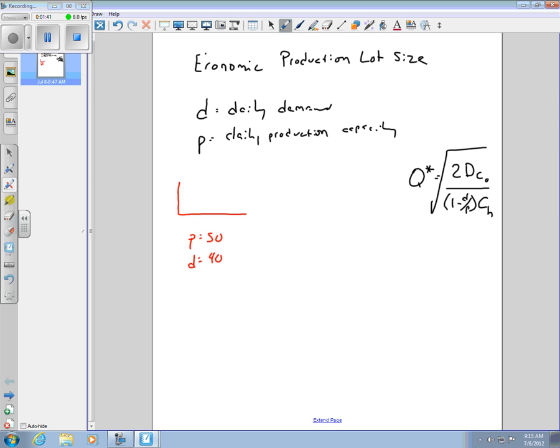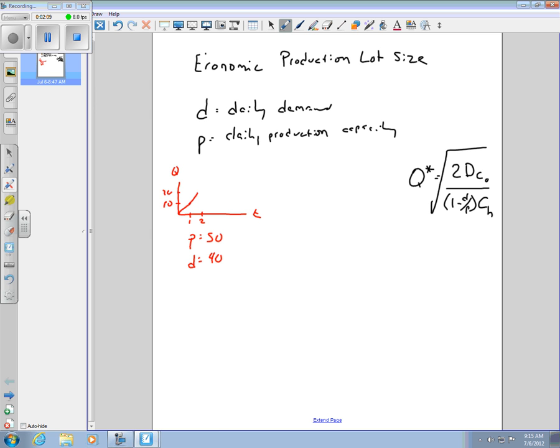Okay? So what would happen is I would produce them at a rate of 50, and use them at a rate of 40 per day. So at the end of day one, I would have accumulated 10 transmissions because I produced 50 and I only used 40 of them. At the end of day two, I would have accumulated 20.